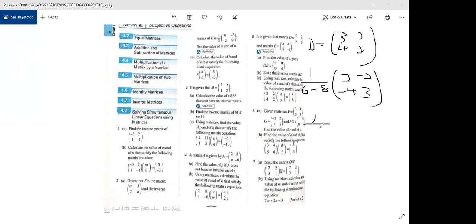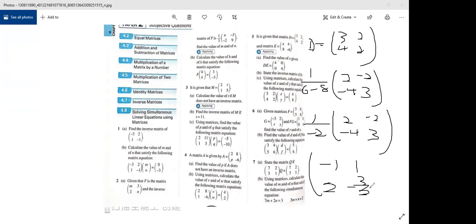You can either leave the answer as negative 1 over 2 like this, or you can solve it out also. No problem. 3, not negative 3. 3. Okay. So it's like this. After you expand, the answer will be like this.